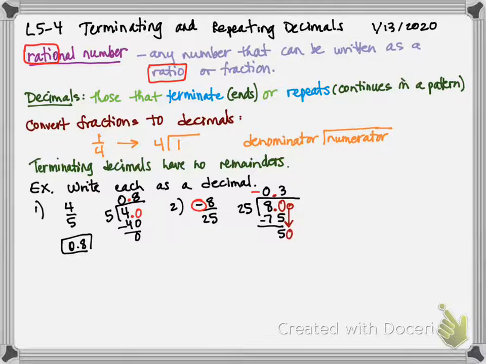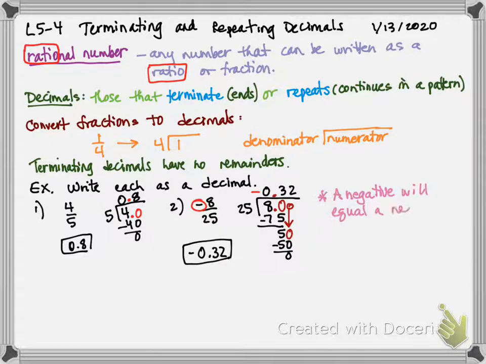And 25 goes into 50 exactly twice. So this is, again, a terminating decimal, and the answer is going to be negative 32 hundredths. Excuse me. So as a little reminder over here, a negative fraction will equal a negative decimal.